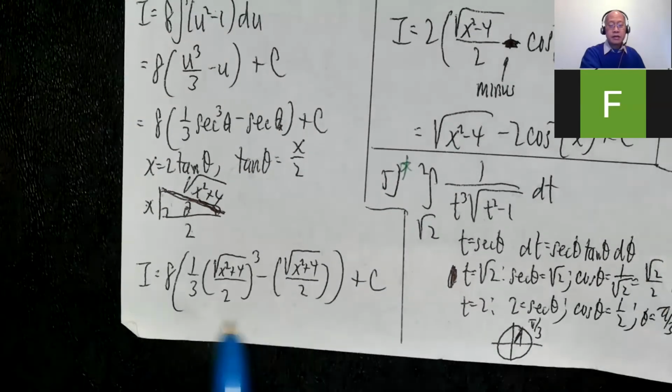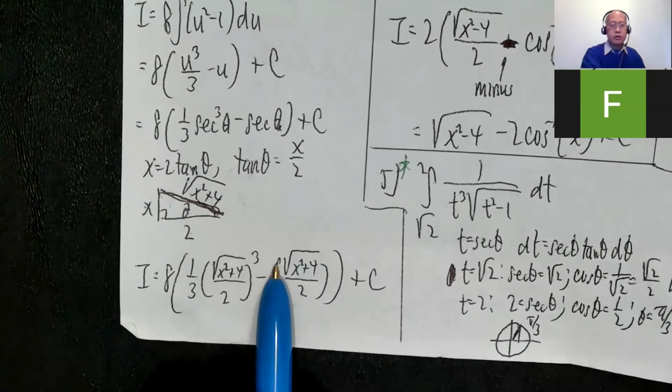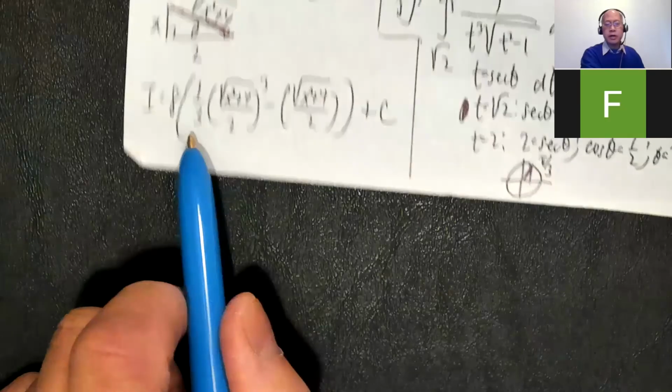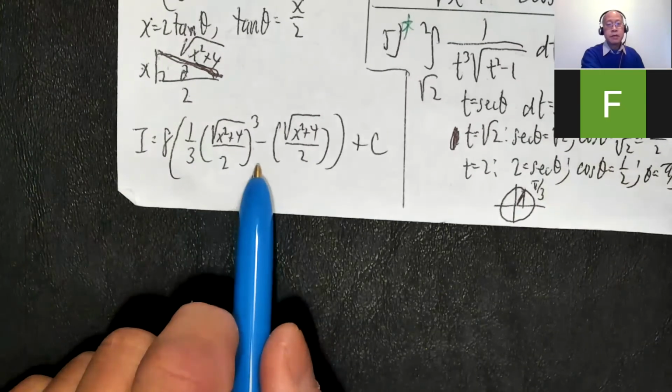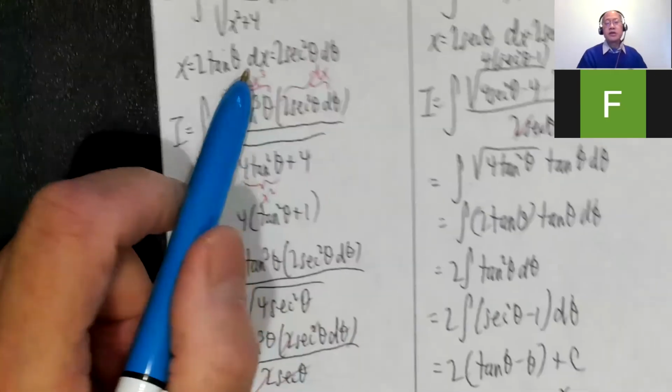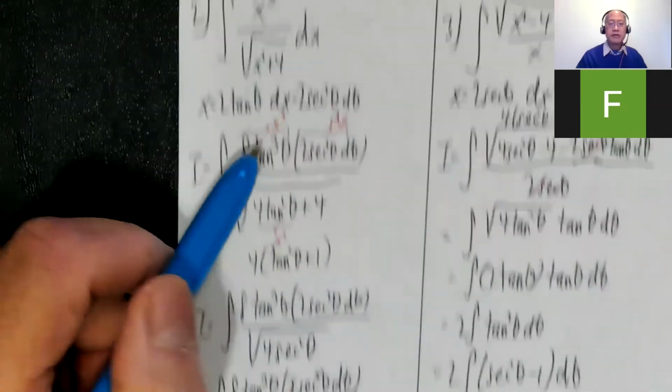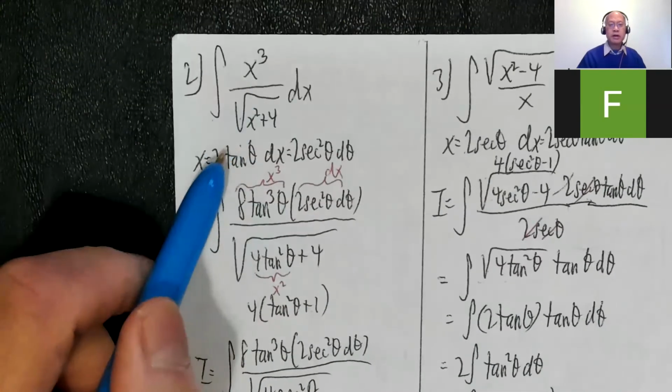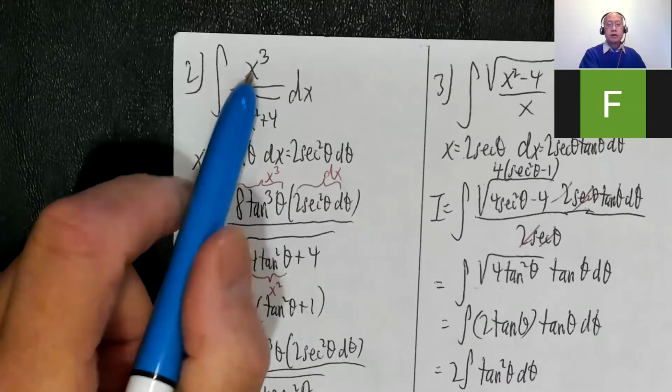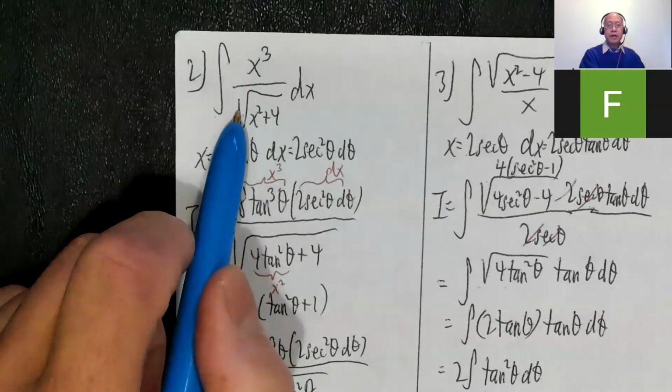Bottom line, the derivative of this stuff, if you do it the right way, is this. But if you were to take the derivative of this, there's no trig. But when you go the other way, you can see integration is a lot harder than differentiation. We introduce all this trig, right? So look at the original, no trig.